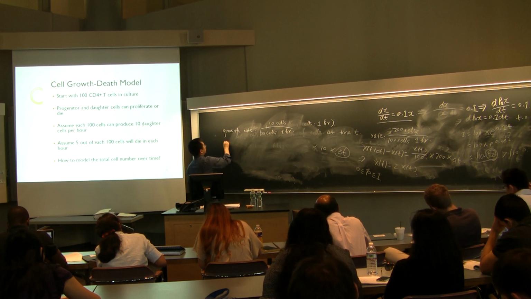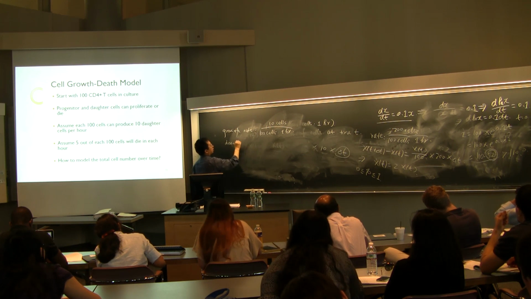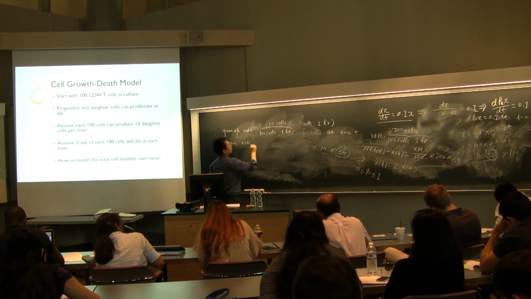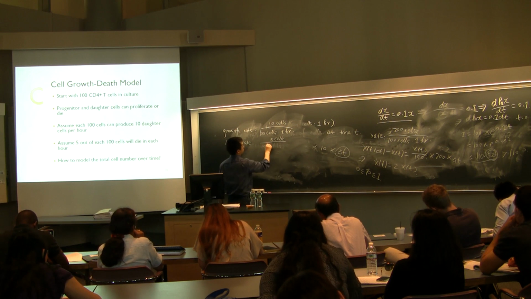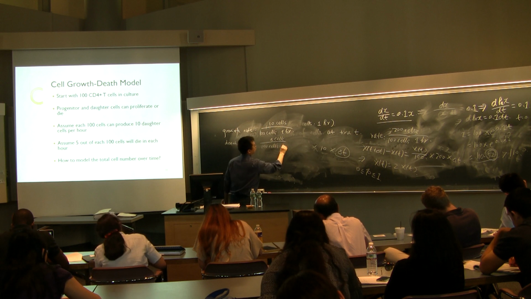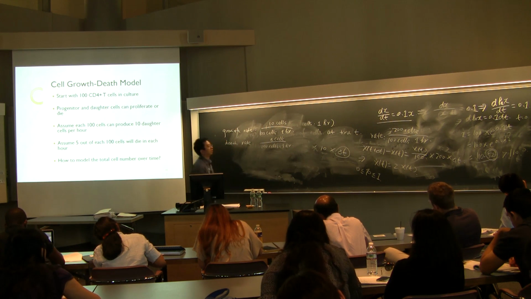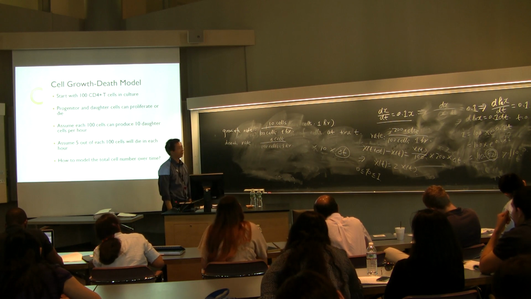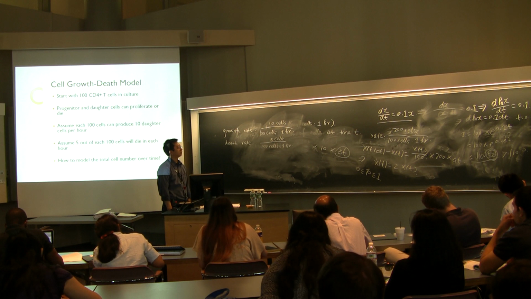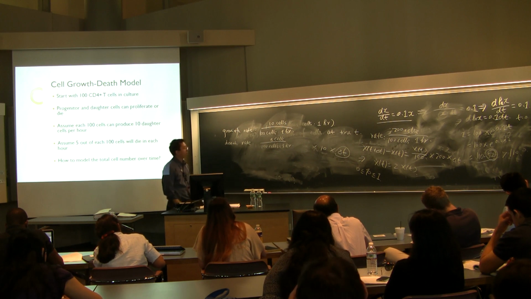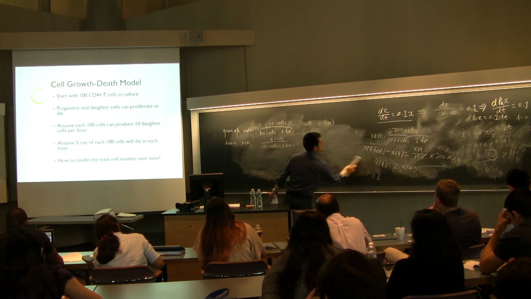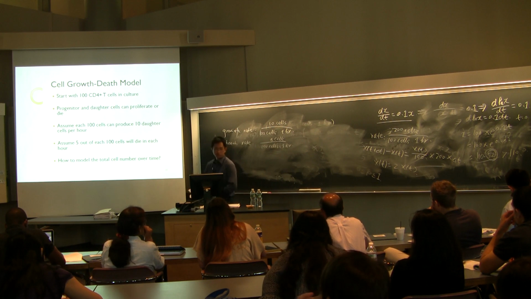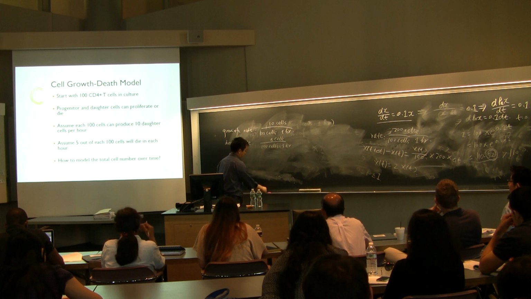Now the death rate is 5 cells per 100 cells per unit time. Once we have these two, the rest is just the same.